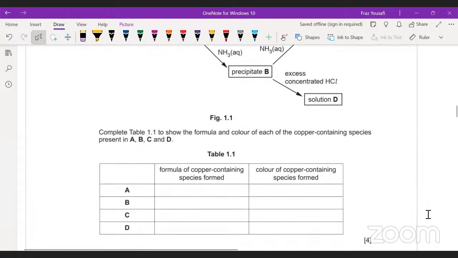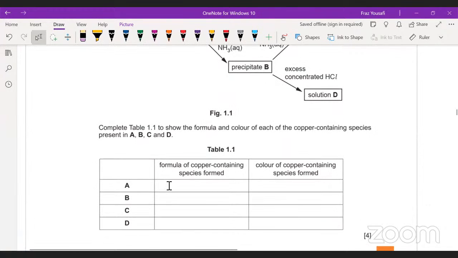A was, again, this particular complex. This would be the formula of your complex.